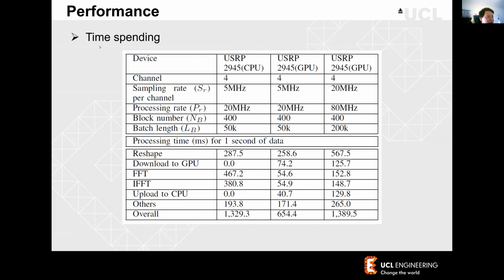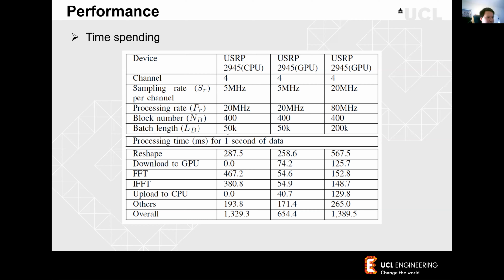And here is the time spent in each step of the GPU processing. First, we take only the CPU process on USRP 2945 with 4 channels at 5 MHz, and then take another at the same bandwidth using the GPU processing, and then take the GPU to run the full 20 MHz sampling rate.